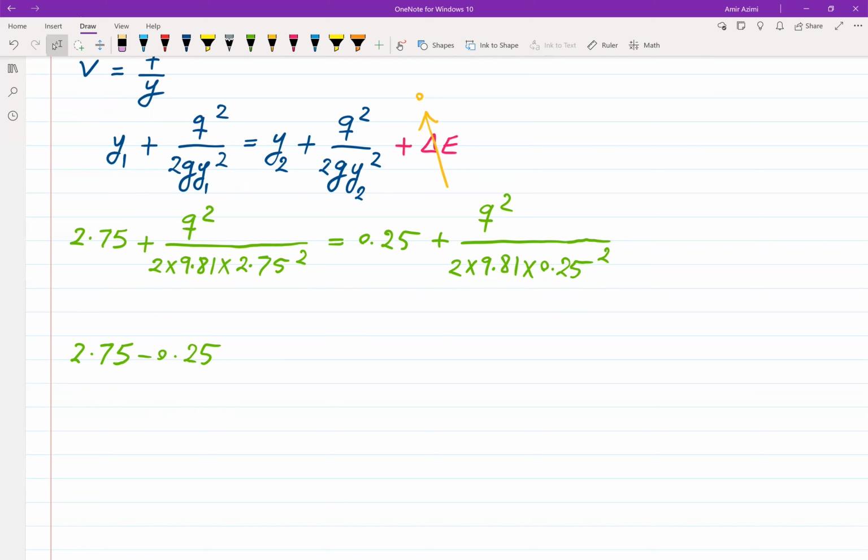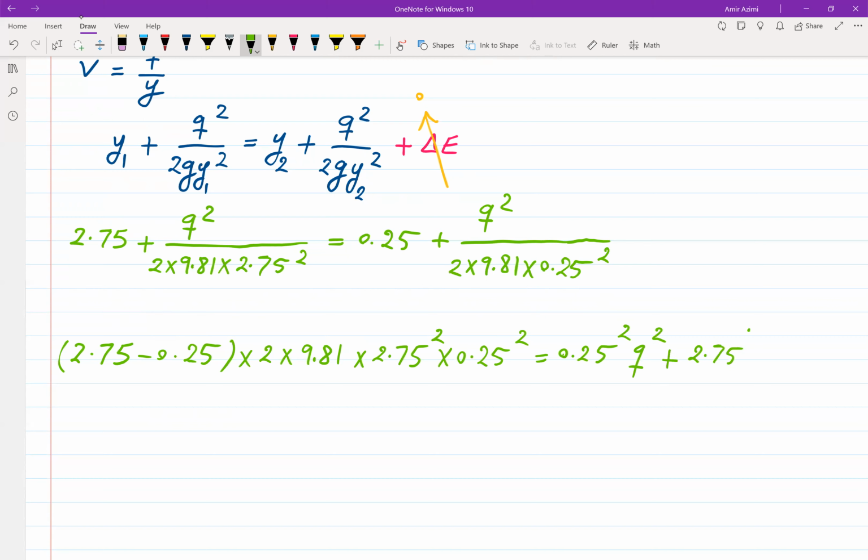At the end, you will get that times 2 times 9.81 times 2.75 squared times 0.25 squared is equal to 0.25 squared q squared plus 2.75 squared q squared.